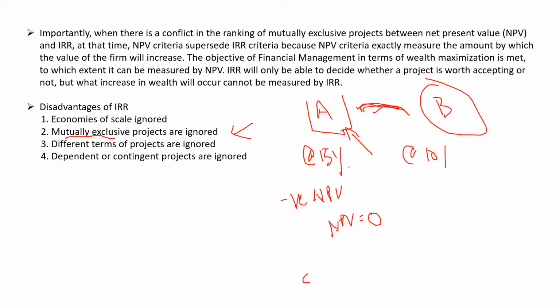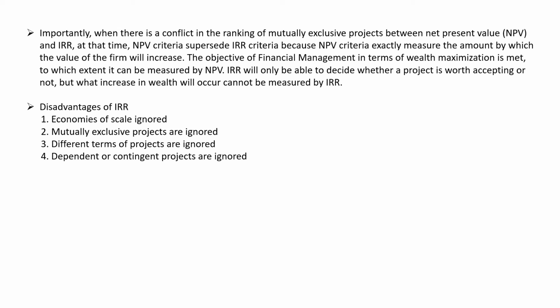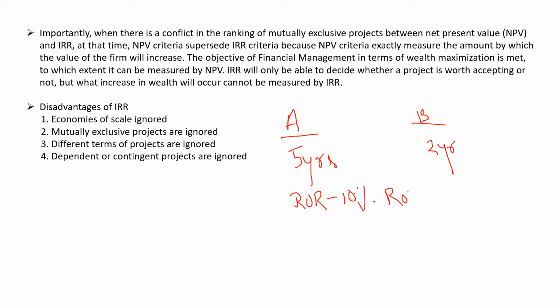Okay. Now see the next disadvantage, which is that different terms of the projects are ignored. That means if project A has 5 years, and project B is for 2 years, and the rate of return of A is say 10%, and of B is say 8%. Through the IRR method, we'll be selecting the project with a higher rate of return, the higher IRR, that is project A will be chosen.